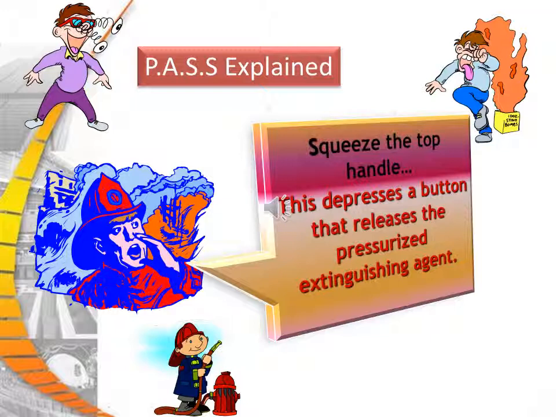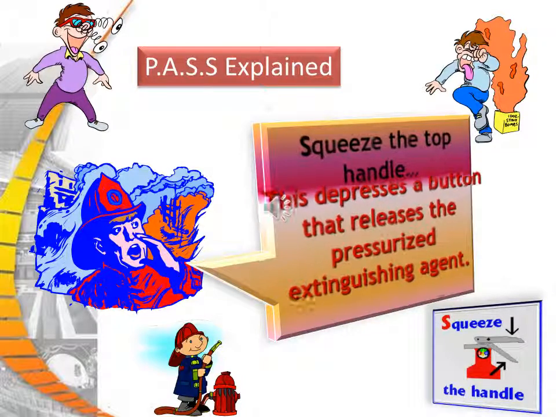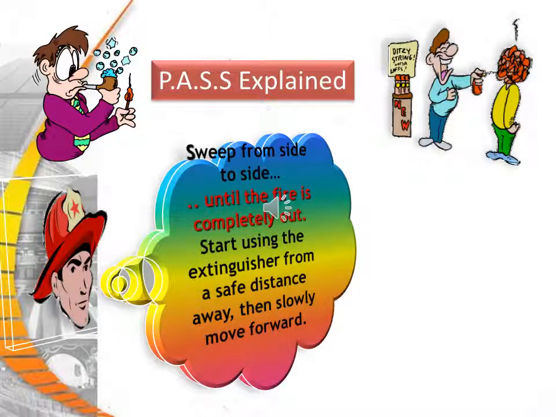This depresses a button that releases the pressurized agent. S stands for sweep. Sweep from side to side until the fire is completely out. Start using the extinguisher from a safe distance away and then slowly move forward, always allowing yourself a means of exit.